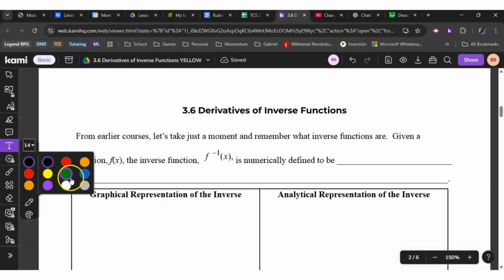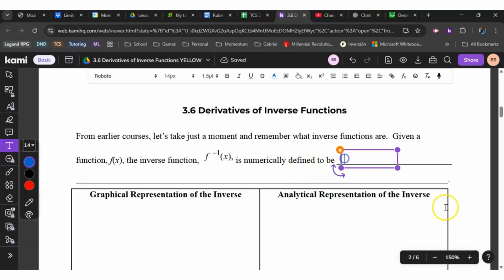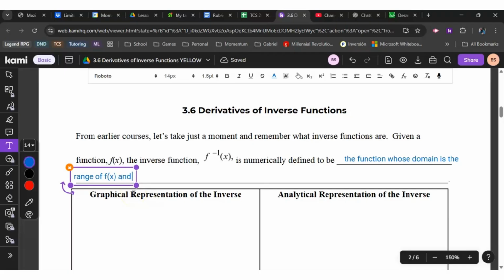If we're switching y and x, then really, what that means is that numerically we can define it as the function whose domain is the range of f of x and whose range is the domain of f of x.